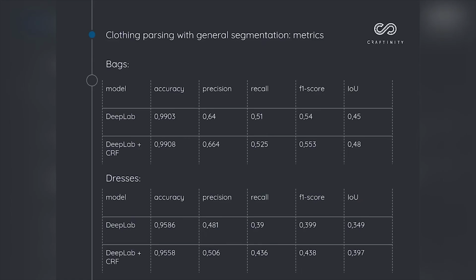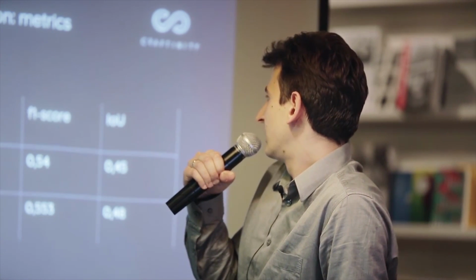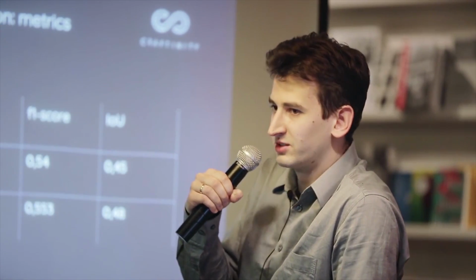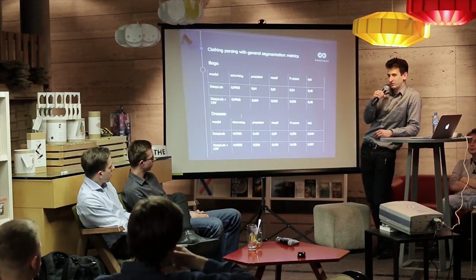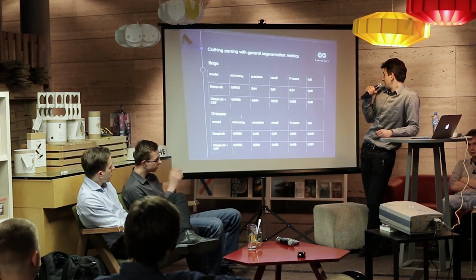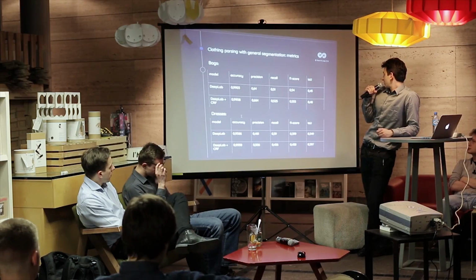Okay, and now numbers. Maybe a few words on how we measure the performance of the model. Segmentation is basically a classification of every pixel, so we can measure the performance by using metrics like accuracy, precision, recall, which come from the classification domain.